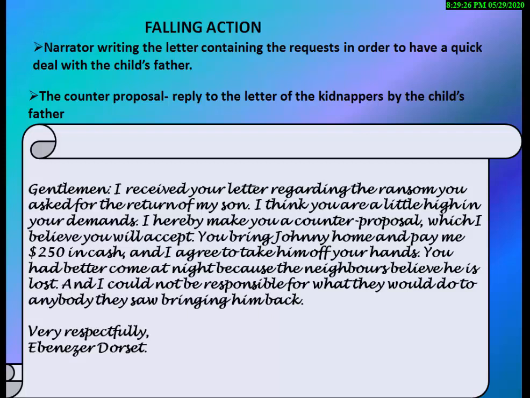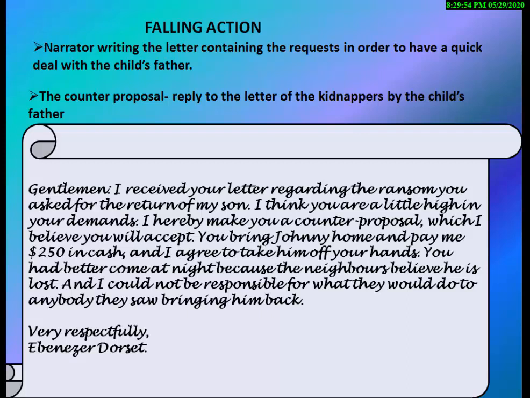When they knocked at the door, Mr. Ebenezer did not open the door for his son, but he opened it just to take his hand out asking for money. When the money was counted and handed over to Dorset's hand, he opened the door.